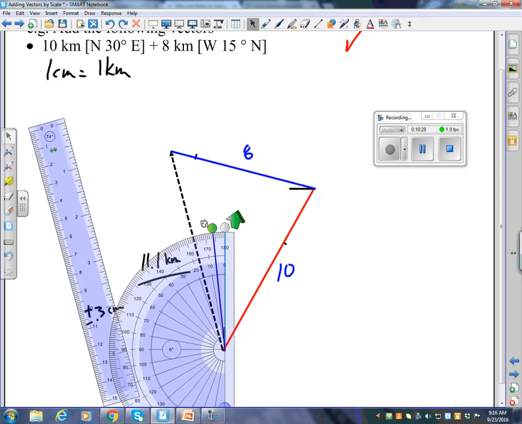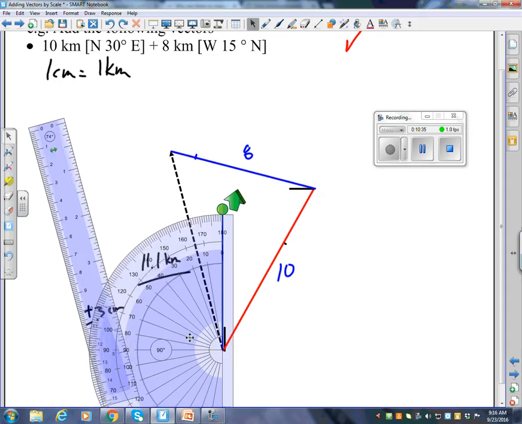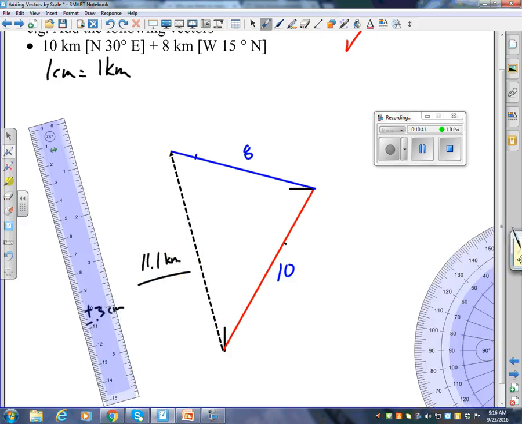Okay, so this is going to be, I don't quite have it in the right spot. I would say 15 degrees. So that's going to be north, 15 west, isn't it? And again, plus or minus 3 degrees.